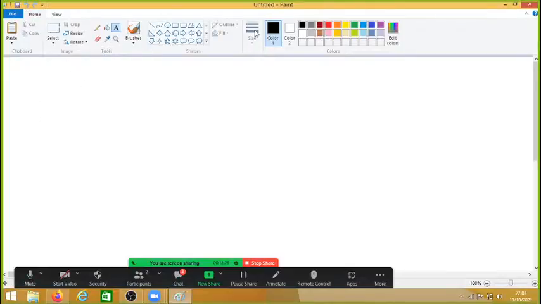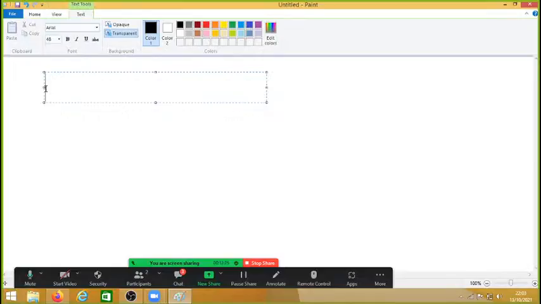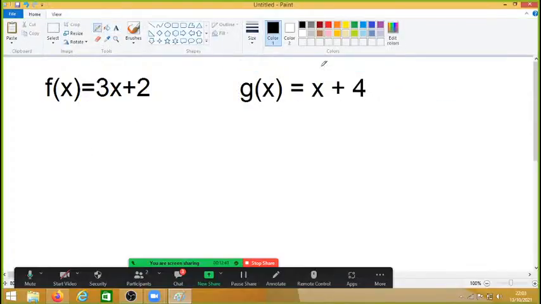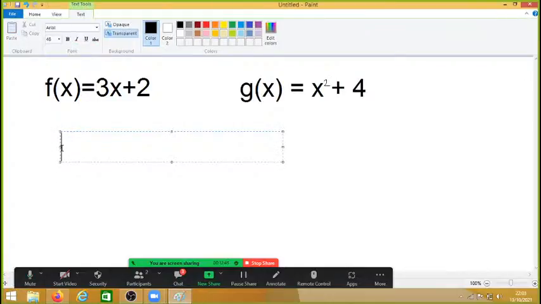Okay, and the final one today is if we want to solve an equation. So starting with the same functions, but this time we want to solve the equation. The equation is that if we take f of gx and we want to make the answer equal to 62, then what value of x would I put in?